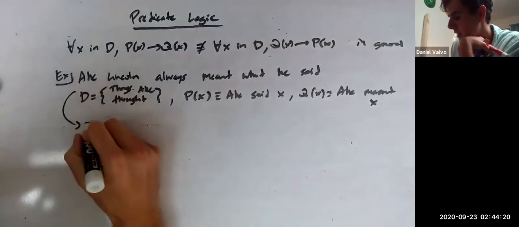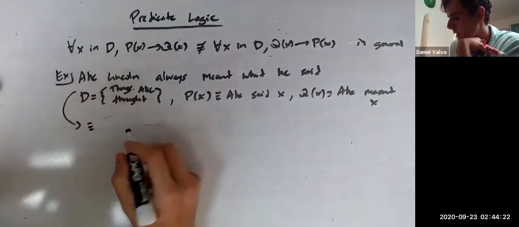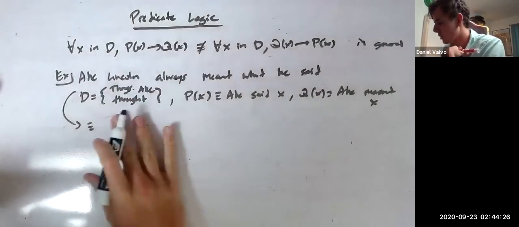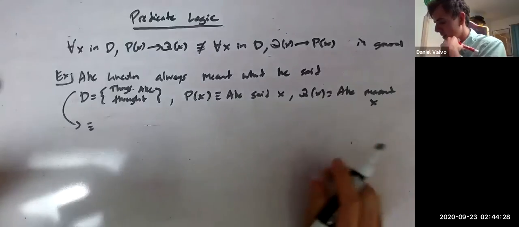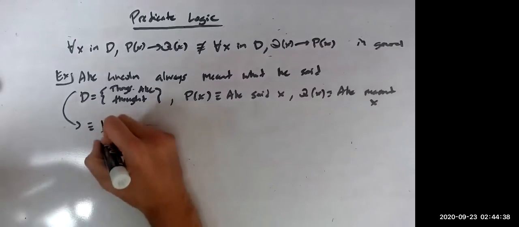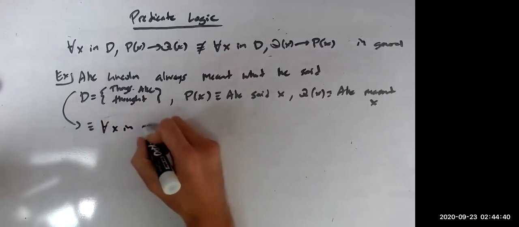This statement right here is equivalent to what? What's the statement equivalent to in terms of what we defined here? For all x in D, Q of x implies P of x.